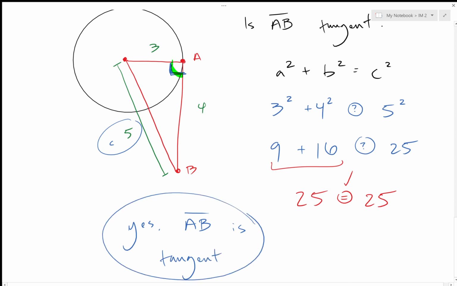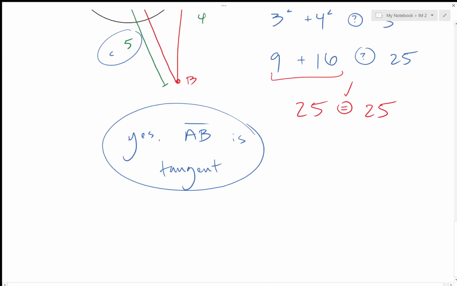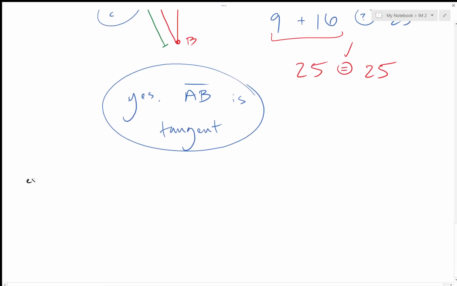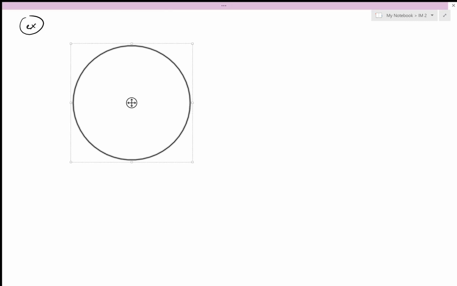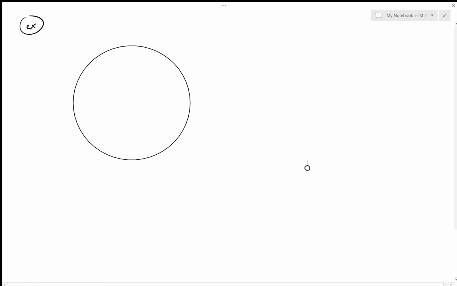Okay, so we've seen a no, we've seen a yes. Let's just take a look at one more to kind of wrap this all up. Okay, we got the center of the circle. Got that.